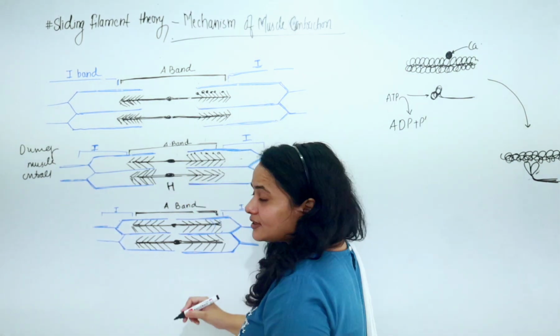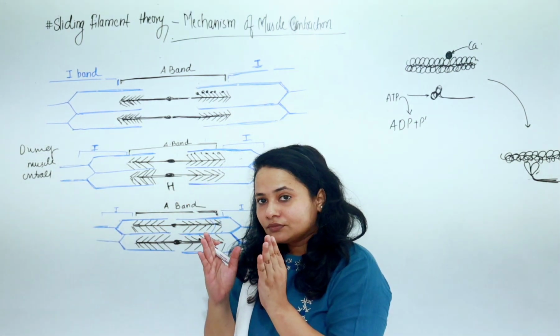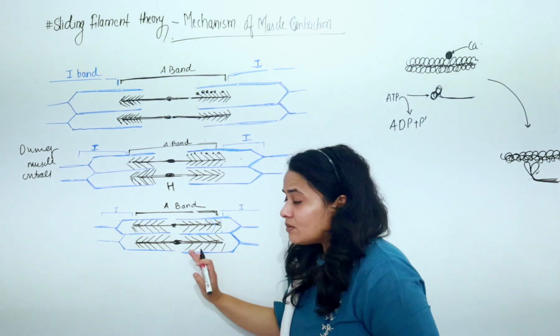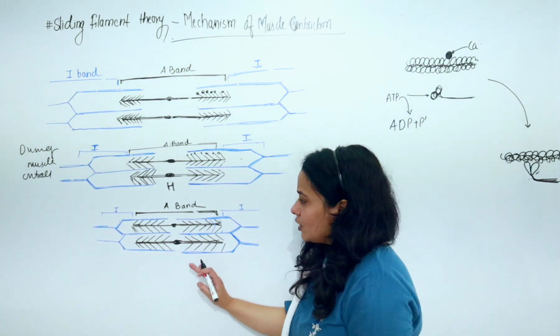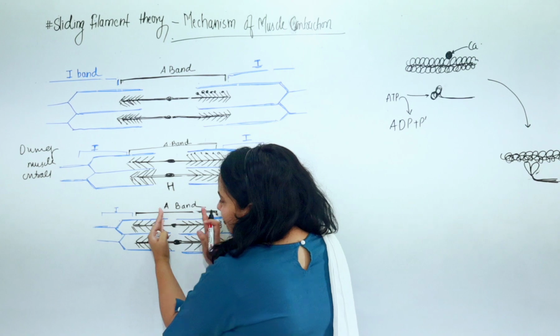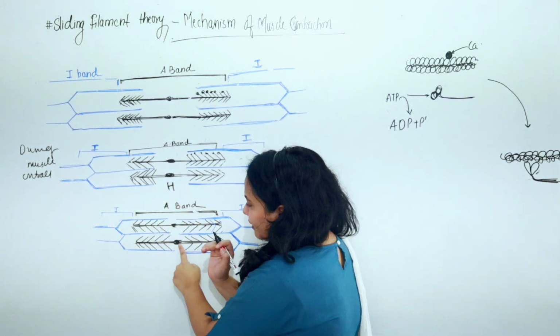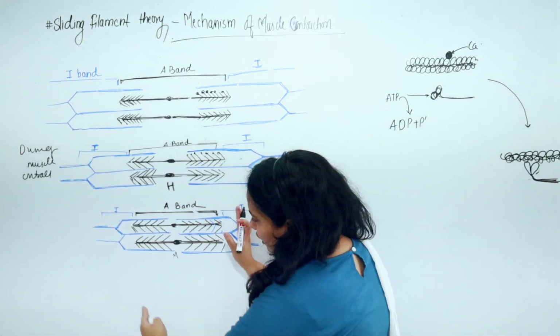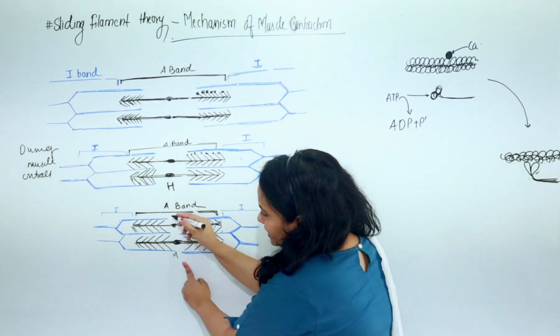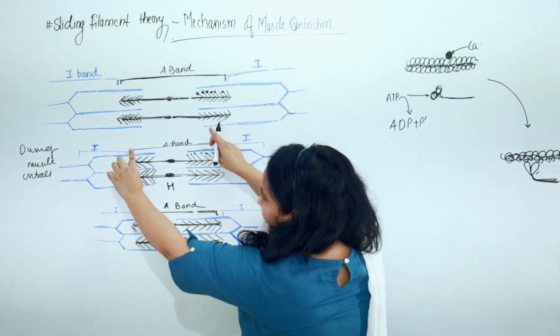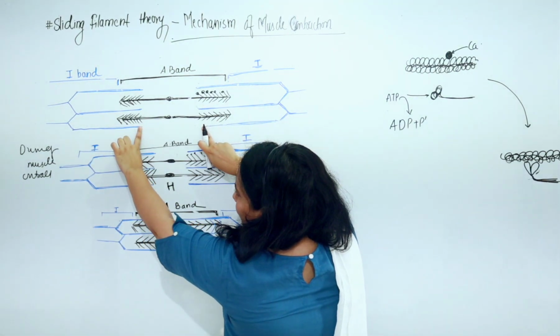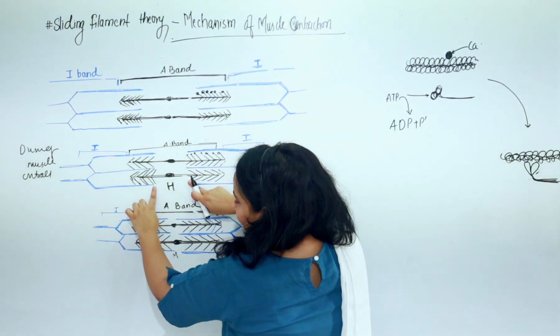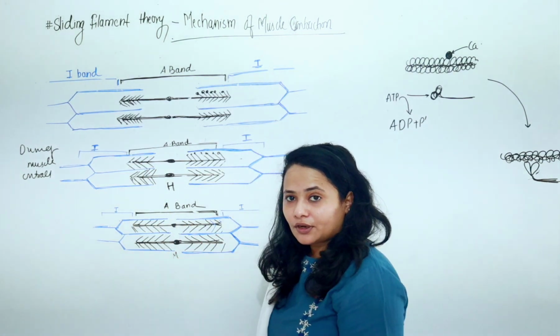And as they are going to the center, the H zone starts decreasing. And when there is a total muscle contraction, what is happening? The whole thin filaments are pushed towards the center, that is the M line. So if they are pushed towards the center, you can see that there is no H zone. The H zone is here, then it is decreasing and then it is disappearing.